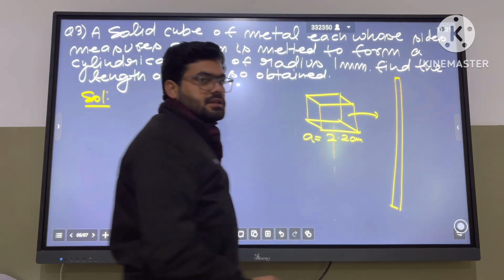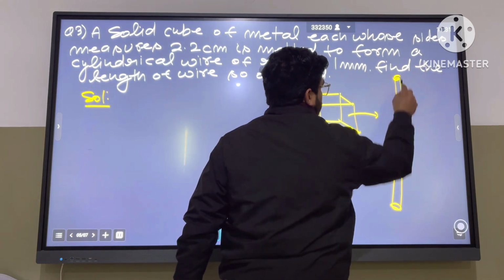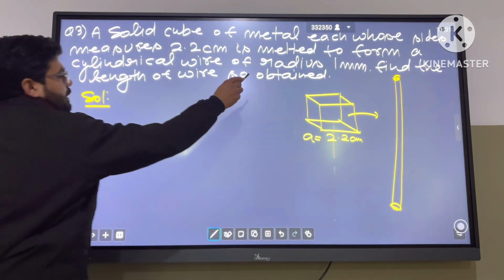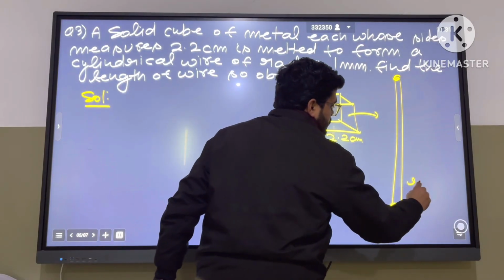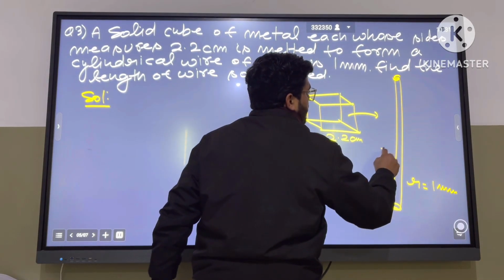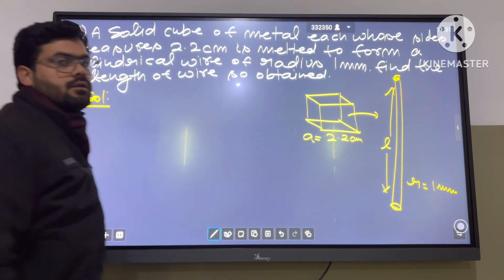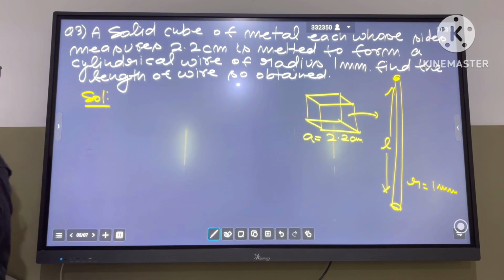The wire is a cylindrical shape. The radius of the wire is 1 millimeter. इसने बोला है find the length. What will be the length of this wire?